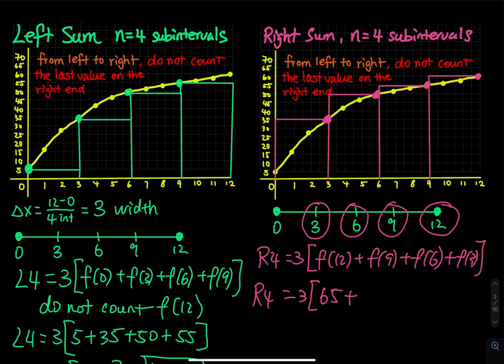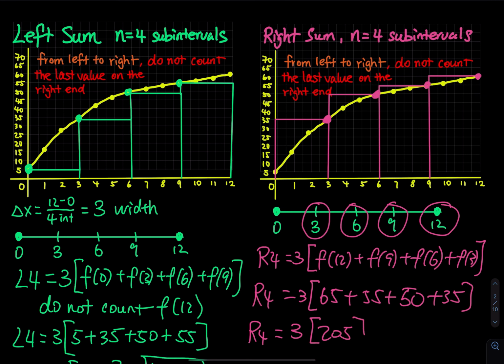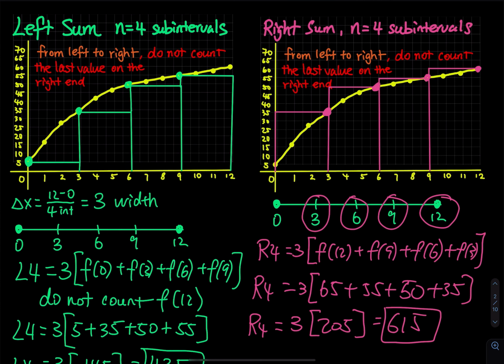X equals 9, we have 55. X equals 6, we have 50. X equals 3, we have 35. And then R4 equals 3 times 205, which equals 615. So this is the area.